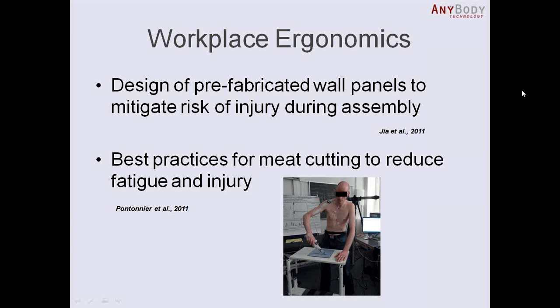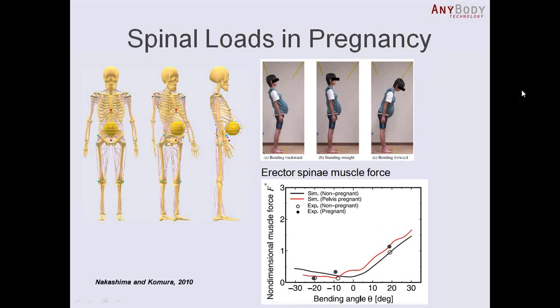And there's another example by Pontanier and colleagues who were looking at best practices for meat cutting. And lastly, Nakashima and Komura have even looked at spinal loads during pregnancy.